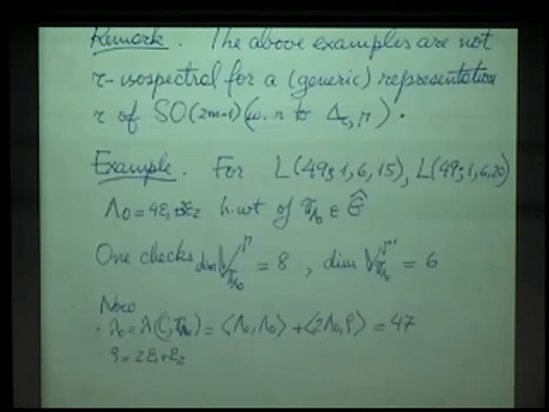Now, the observation is that these examples will not be tau isospectral for other taus. Actually, for most other taus, they will not be isospectral for other representations.